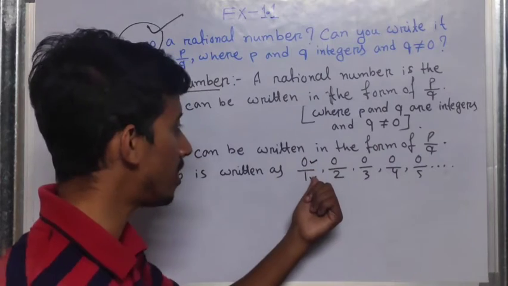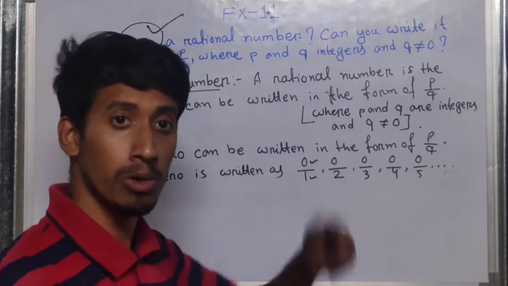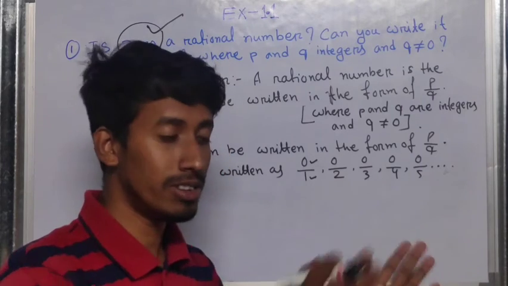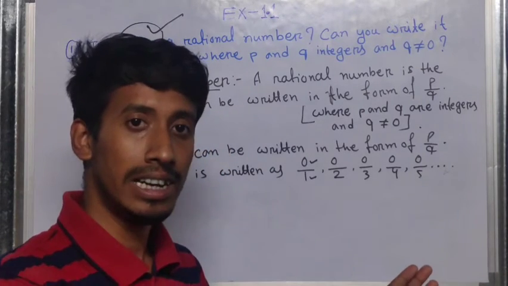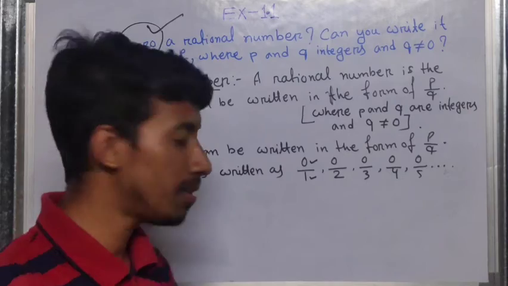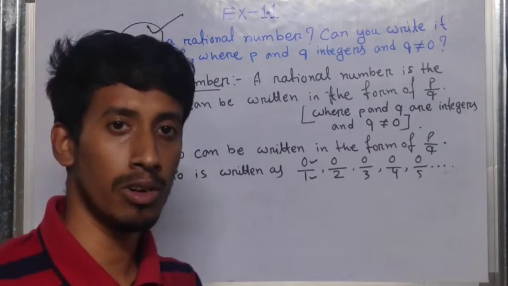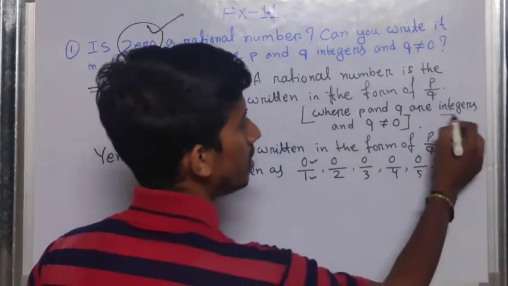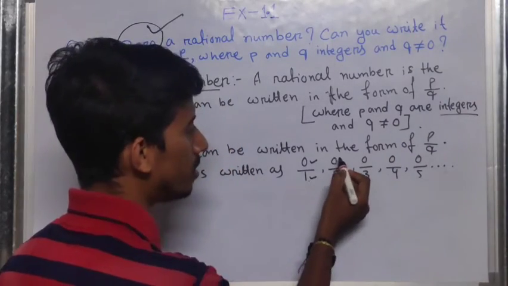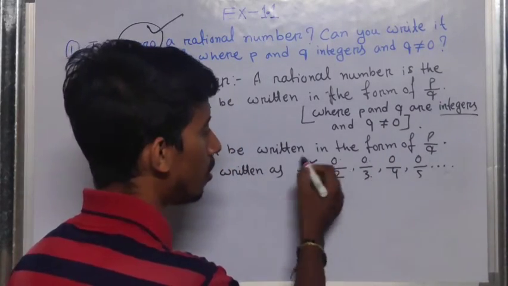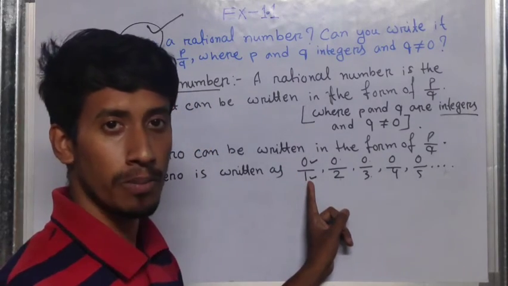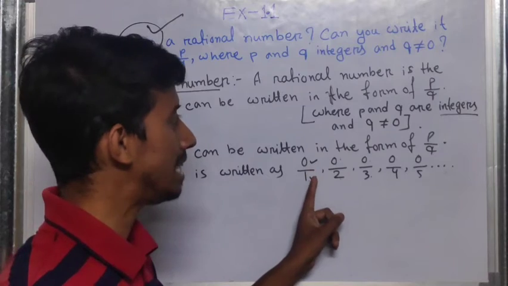We know that 0 and 1 both are integers. Integers are positive numbers, 0 and negative numbers. So 0 by 1, 0 by 2, 0 by 3, all are in the form of p by q where both are integers.